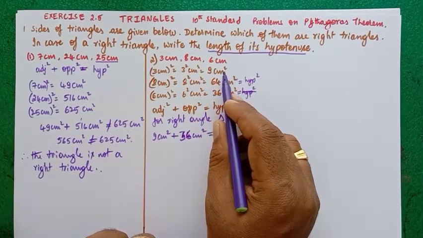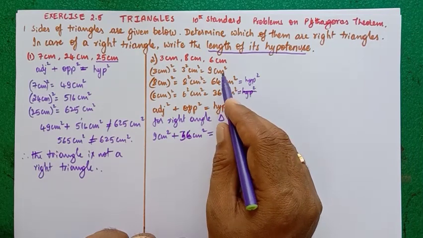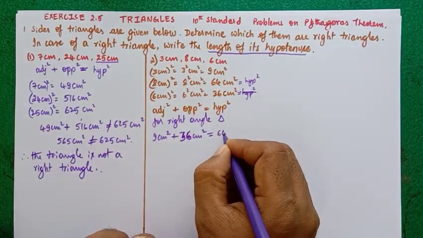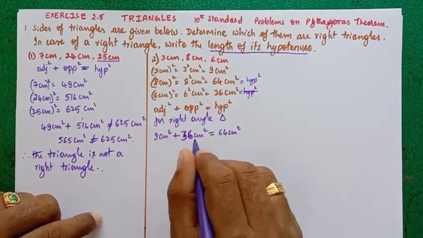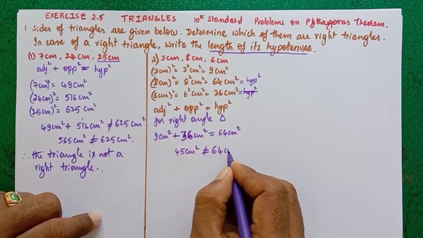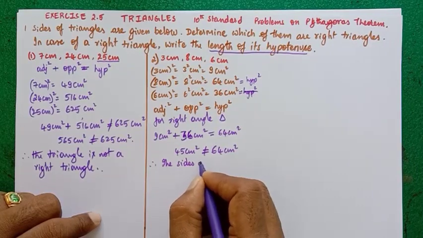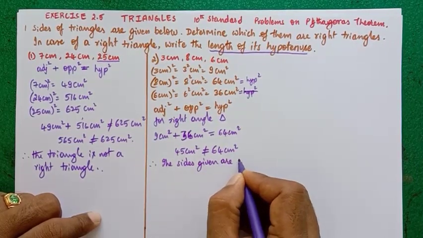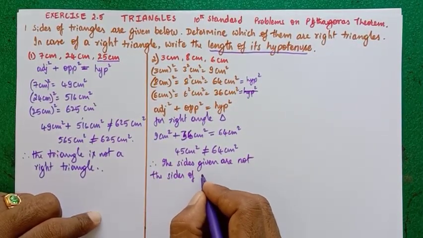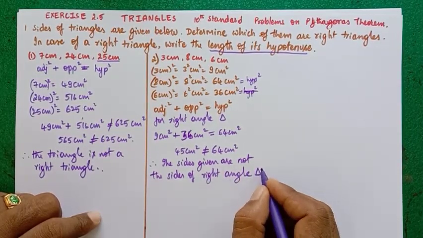If this is adjacent, then this one will be opposite. If this is opposite, this will be adjacent. So hypotenuse means 64 centimeter square. So here, if we add these two, we will be getting 45 centimeter square, which does not equal 64 centimeter square. Therefore, the sides given are not the sides of a right angle triangle.